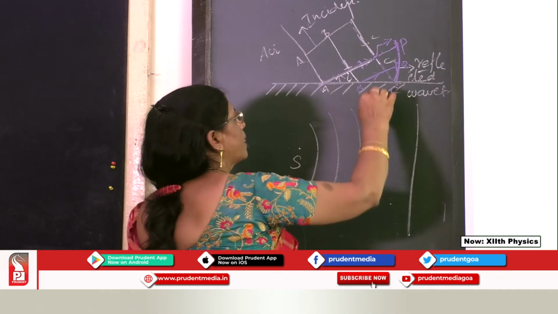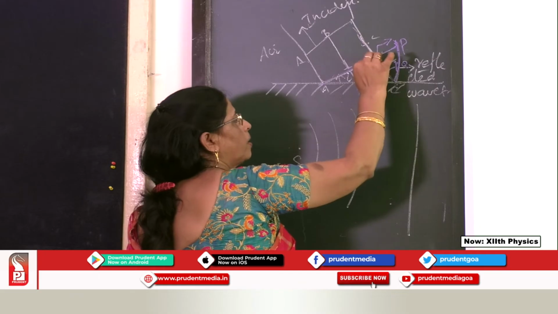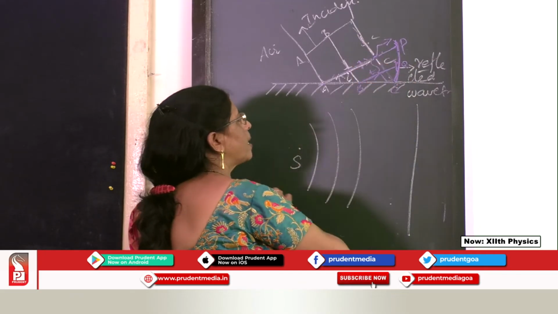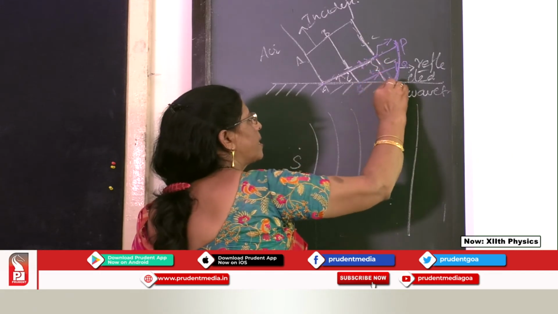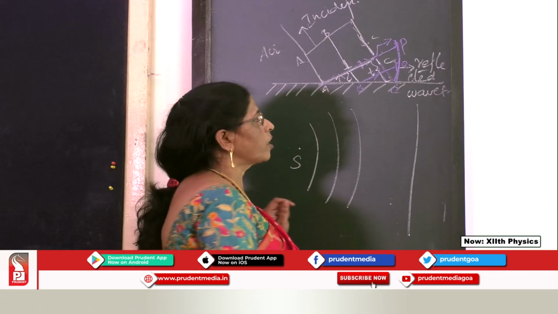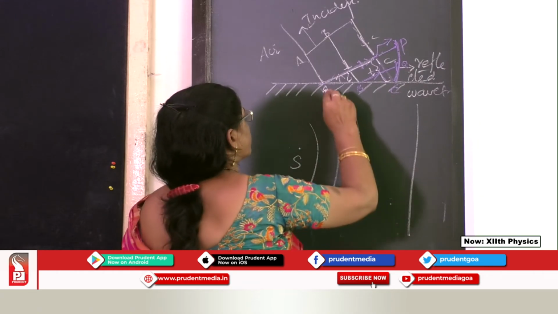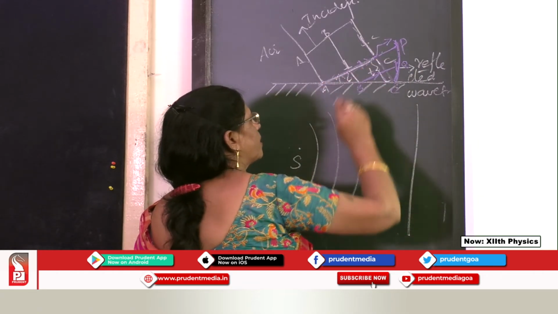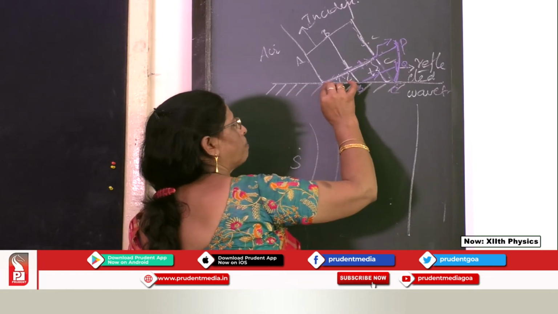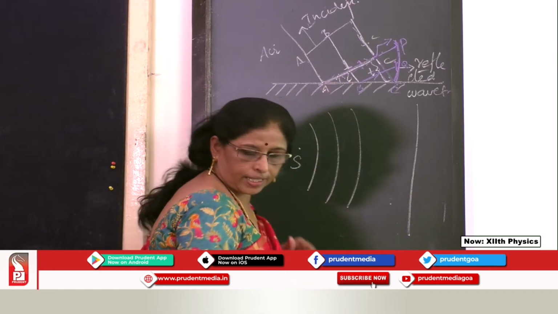So the time taken from here to here, let t be the time taken. During the same time, A is giving out the secondary wavelets, so the secondary wavelets are emerging over here.